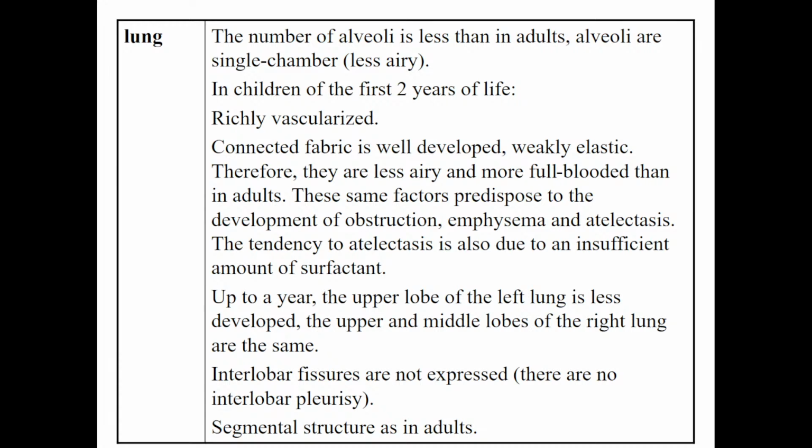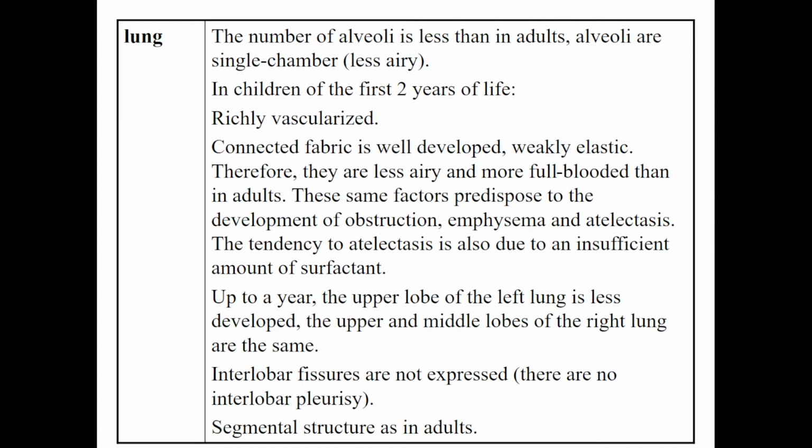Lung. The number of alveoli is less than in adults. Alveoli are single chamber, less airy. In children of the first 2 years of life, the lung is richly vascularized. Connective tissue is well developed, weakly elastic.